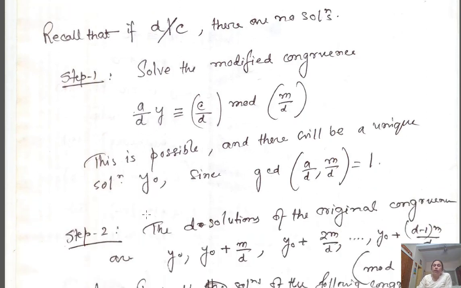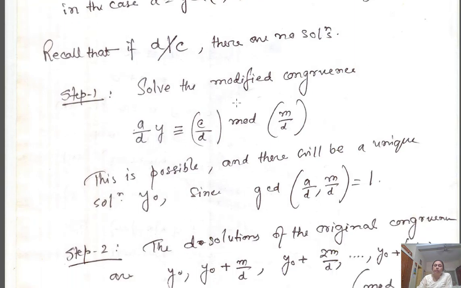Now if you rewrite it this way, then the GCD of a over d and m over d is 1. So a over d and m over d are co-prime, which means a over d has a multiplicative inverse.